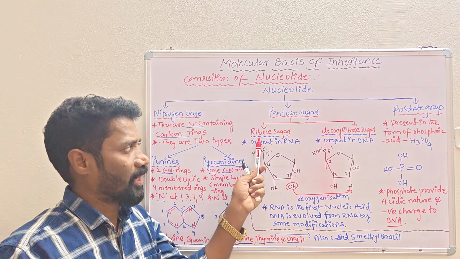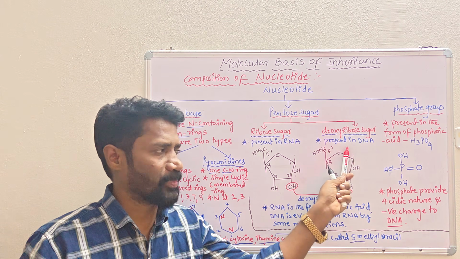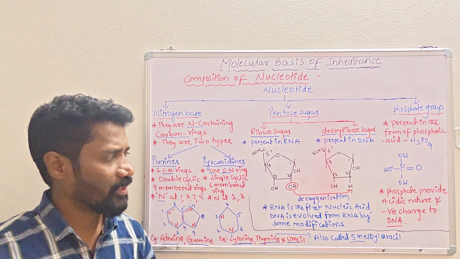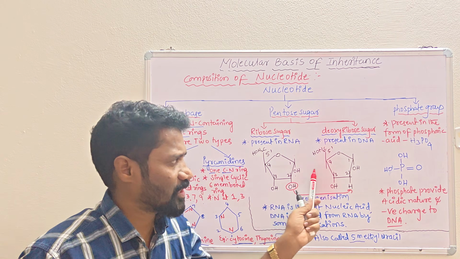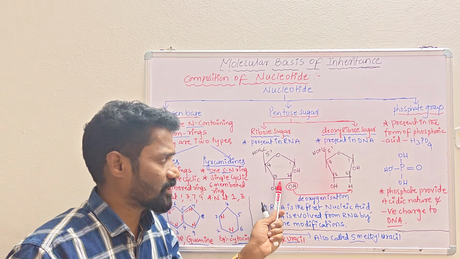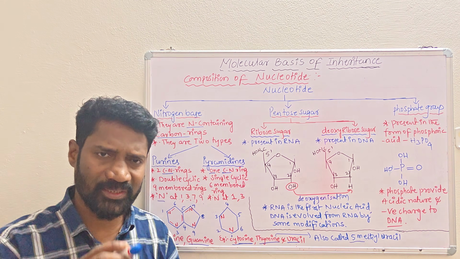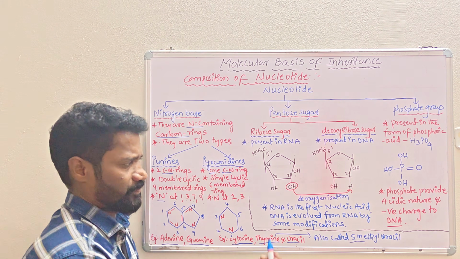Ribose sugar is present in RNA, deoxyribose sugar is present in DNA. What is the structural difference between these two types of sugars? This is the structure of ribose sugar. This is the structure of deoxyribose sugar. There is a small difference.